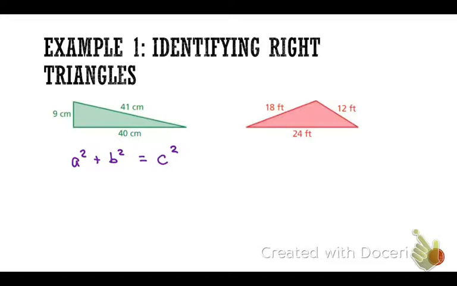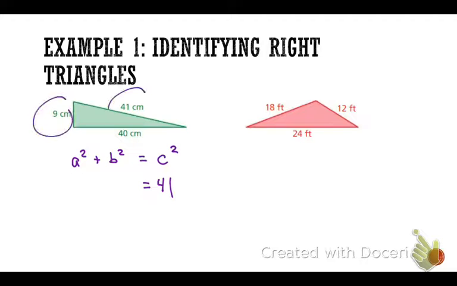Does anybody remember how the length of the hypotenuse will compare to the other sides? It's the longest side in the triangle. The hypotenuse, right, Gavin, is the longest side. So which side would be my C? It's 41. Because 41 is the longest side, the longest side gets plugged in for C.